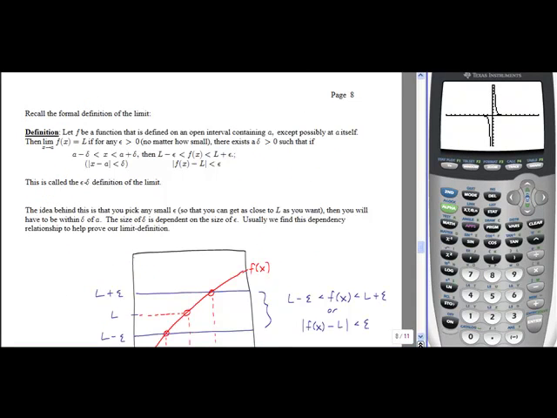Okay, let's explore the formal definition of the limit a little bit more. The definition says that let f be a function that is defined on an open interval containing a, except possibly at a itself.